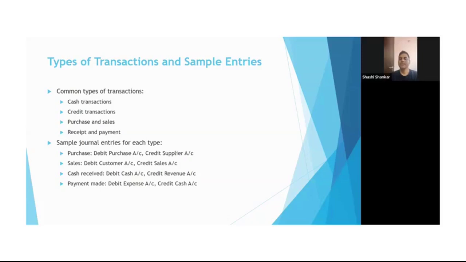Cash received: cash comes in, so debit cash, and credit the revenue account through which it comes. Payment made: debit expenses and all losses, and credit cash, which goes out.